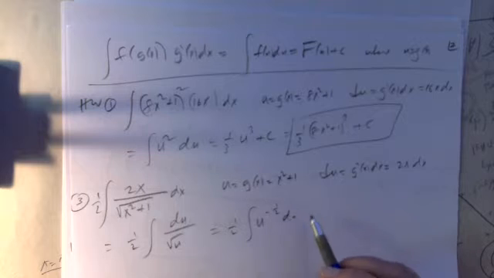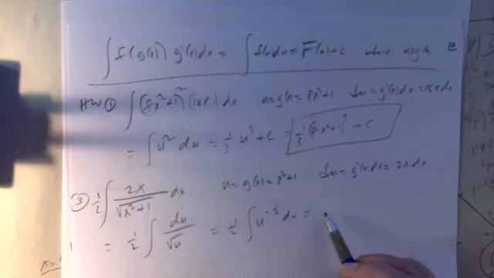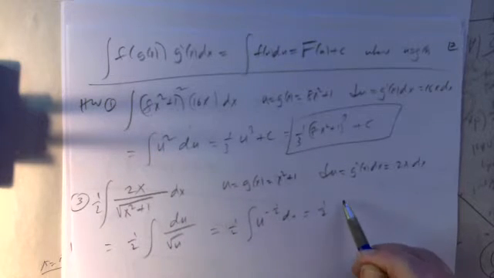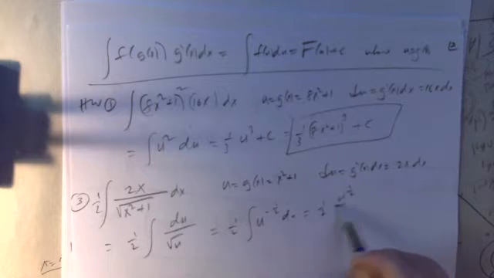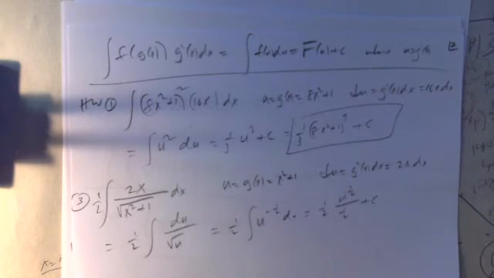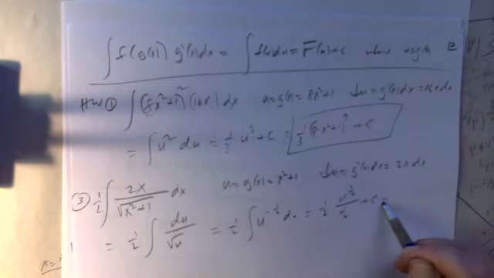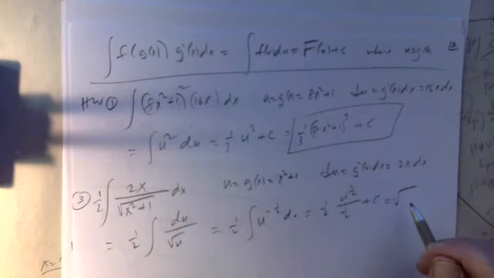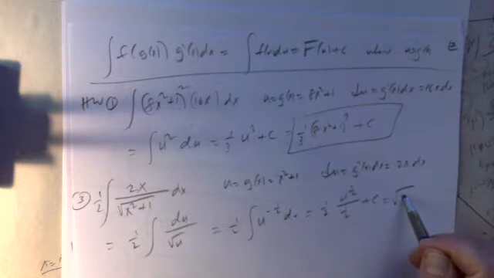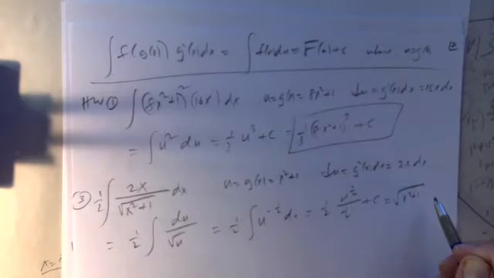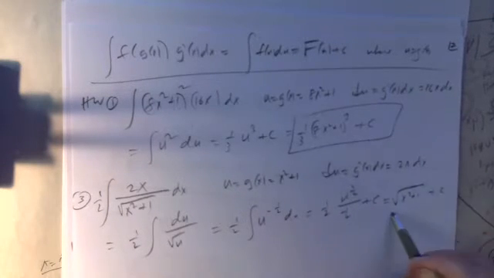When you add 1 to minus a half, you get plus a half. So this is 1/2 u to the 1/2 over a half plus a constant. A half times 2, these cancel. So this is just square root of u, or the square root of x squared plus 1 plus a constant.